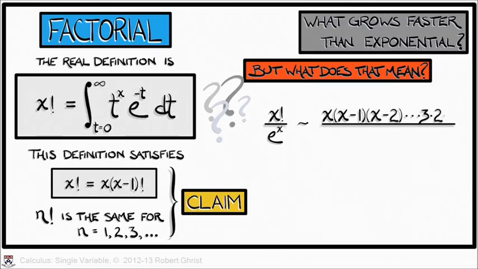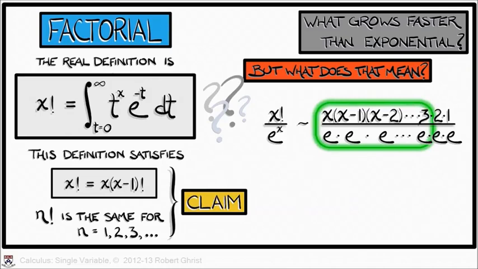In the case where x is a positive integer, then we get x factorial being the familiar x times x minus 1 times x minus 2, etc., all the way down. If we look at e to the x, well, this is some number of copies of e multiplied together.